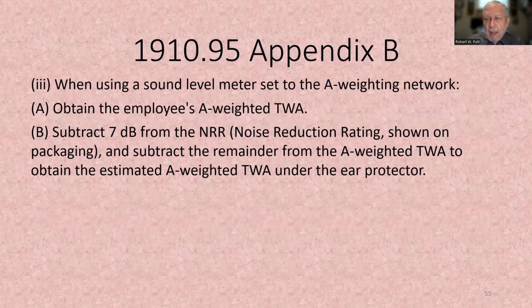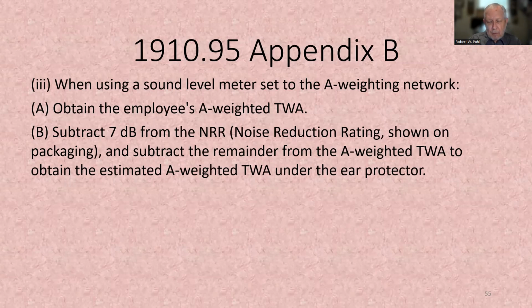Well, if it's 25, you're going to subtract 7 from that, and you're going to get 18. Okay, and so you subtract the remainder, which would be in this case 18, from the A-weighted time-weighted average to obtain the estimated A-weighted time-weighted average under the ear protector. So if you measured it and it was 95, you're going to take 18 from it. So 95, it's 77. That will be fine. You're under it.